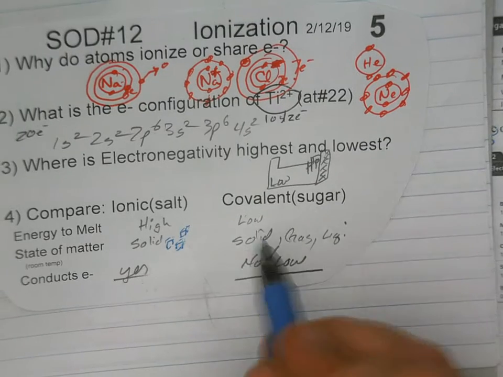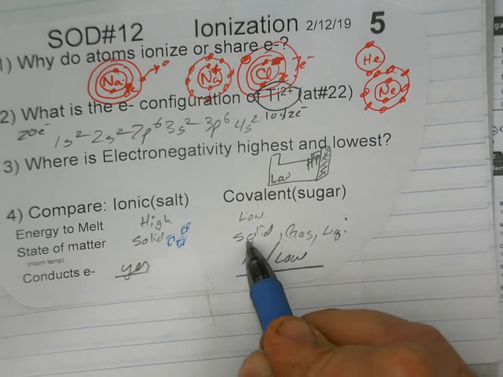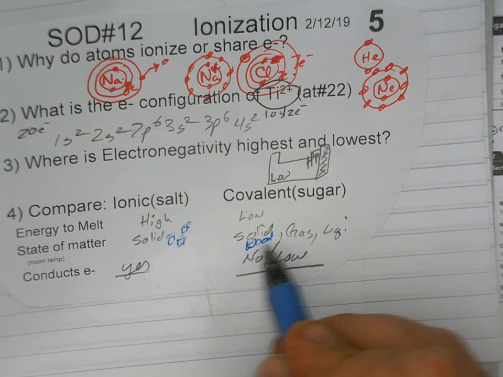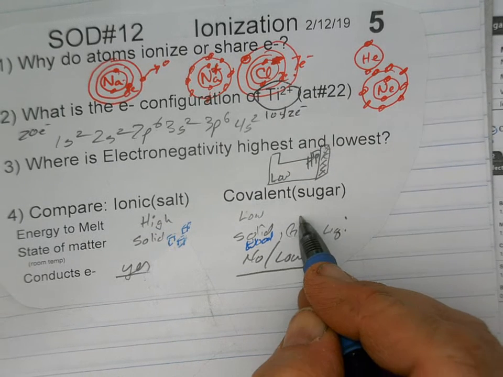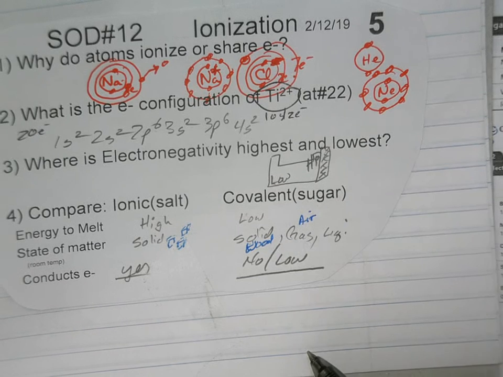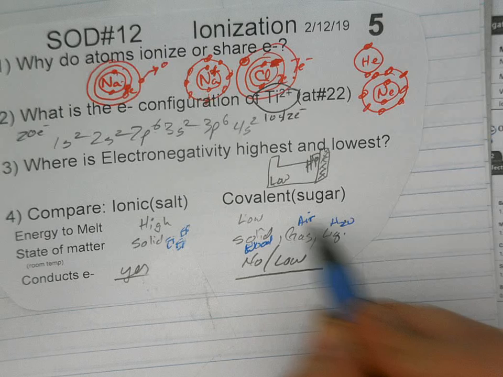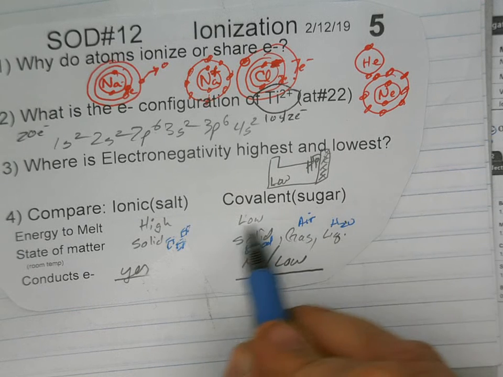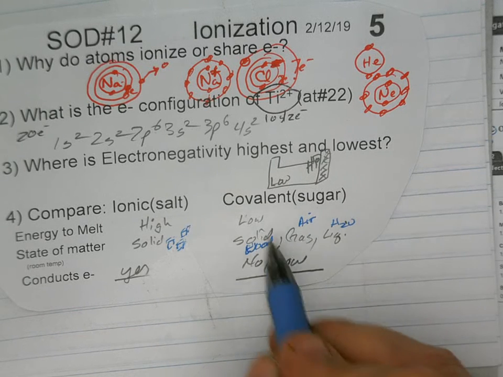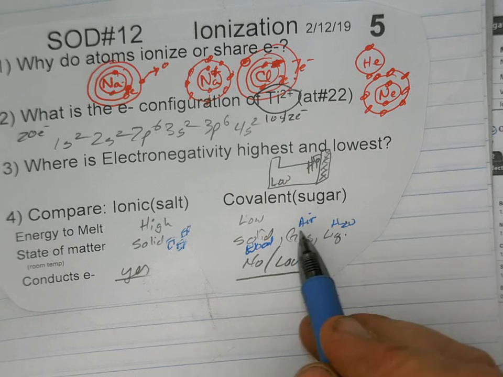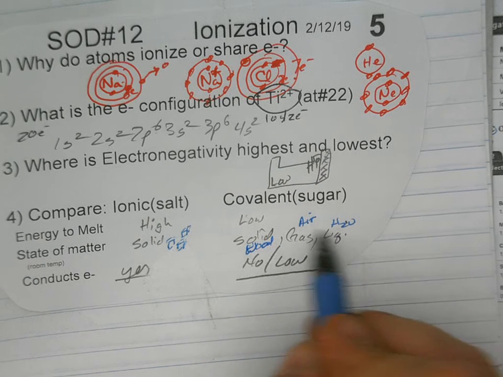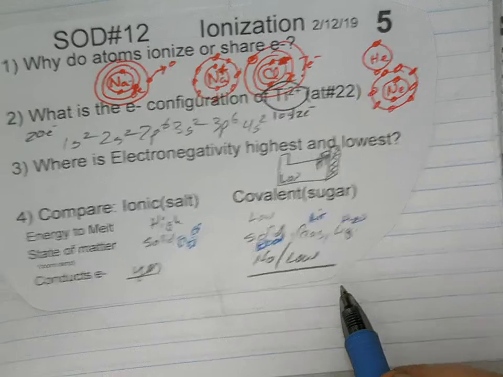Covalent compounds like water, like wood is a very common covalent compound. Gas would be like air, the oxygen and nitrogen molecules in air, and liquid, water, H2O, those are all covalent compounds. Since it takes less energy to melt them, to burn them, to make them react, they can have solids, liquid, or gas states of matter.